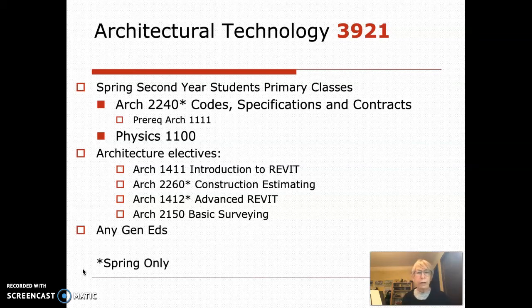In terms of electives, if you have not already taken it, Architecture 1411, Intro to Revit, Architecture 2260, Construction Estimating, Architecture 1412, Advanced Revit, or Architecture 2150, Basic Surveying. Both the Estimating and Advanced Revit classes are only offered in the spring, and then whatever your remaining Gen Ed classes are.